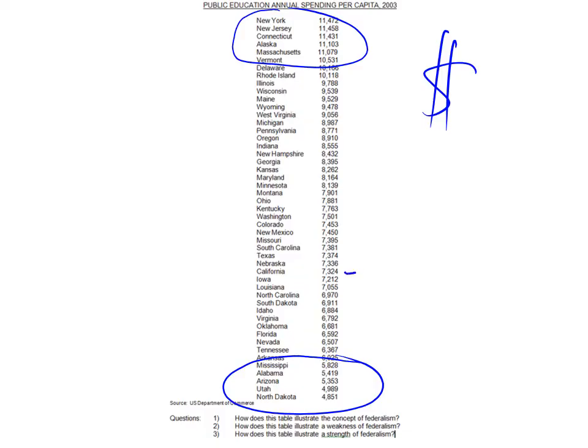There it is. We are about 66% of the way down the list at $7,000 per kid. So all you guys in the room, that's what you cost per year, $7,000. And this is from 2003, so you probably cost like $8,000 now per year per kid.